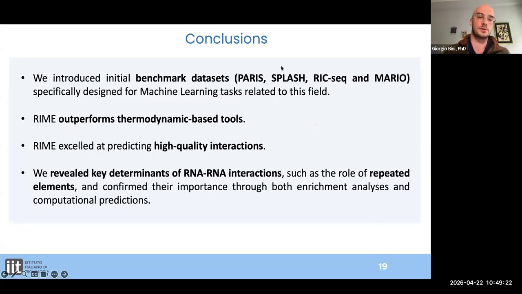And RIME also excelled at predicting high-quality interactions. And we then revealed biological insight in this field, highlighting the role of low complexity repeats in these interactions. And we confirmed their importance through both enrichment analysis and computational predictions.